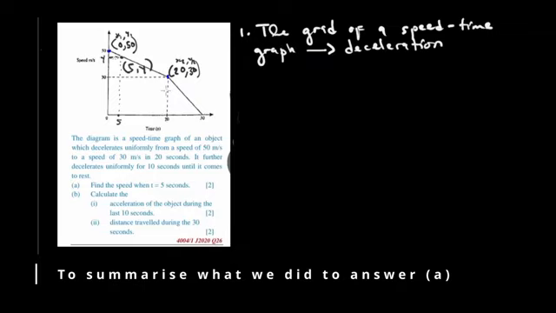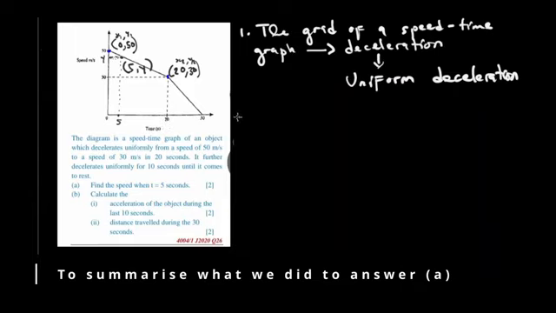So the uniform deceleration is actually given by calculating the gradient. The uniform deceleration is given by calculating the gradient of the line from the point time is 0 to the point our time is 20 seconds.